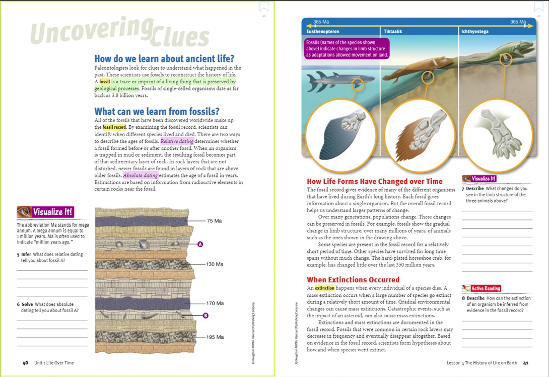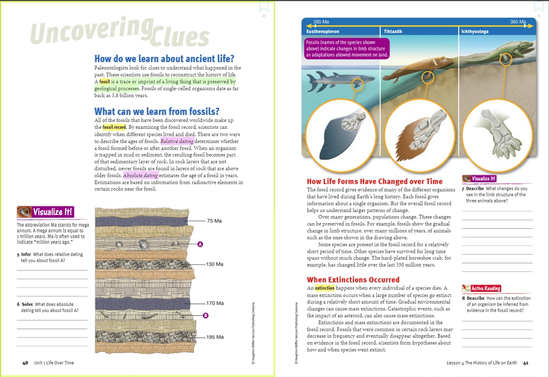We are going to do this in two ways: relative dating and absolute dating. Relative dating determines whether a fossil formed before or after another fossil. So it tells you which one was first. But absolute dating estimates the age of the fossil in years, so in that case you are going to use numbers.